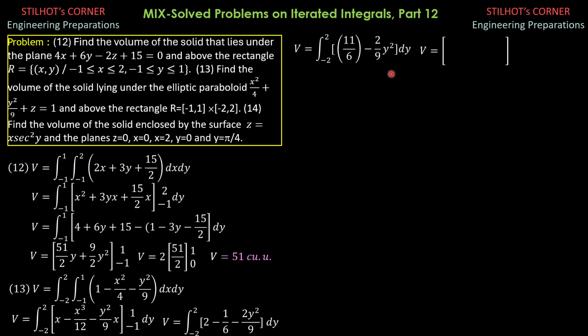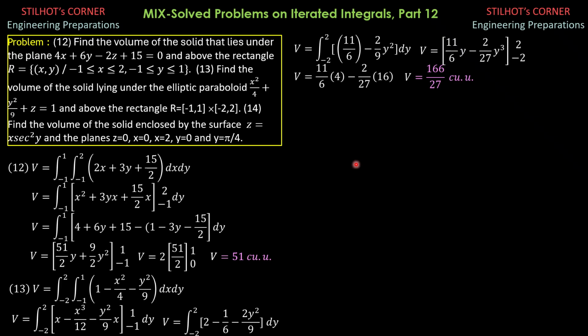So the integral is 11 over 6 y minus 2 over 27 y cubed, from negative 2 to 2. Again, these are all added. So this is 11 over 6 times 4. Then this is 2 cubed, 8 times 2, so 16. So 11 over 6 times 4 minus 2 over 27 times 16. That is equal to 166 over 27 cubic units.